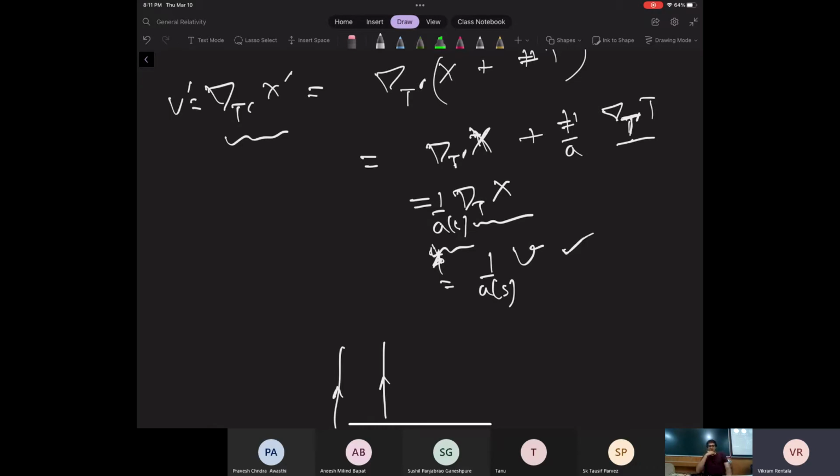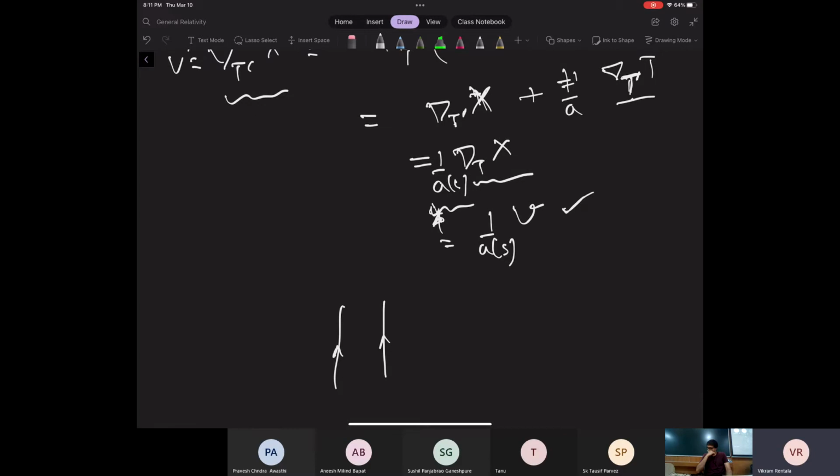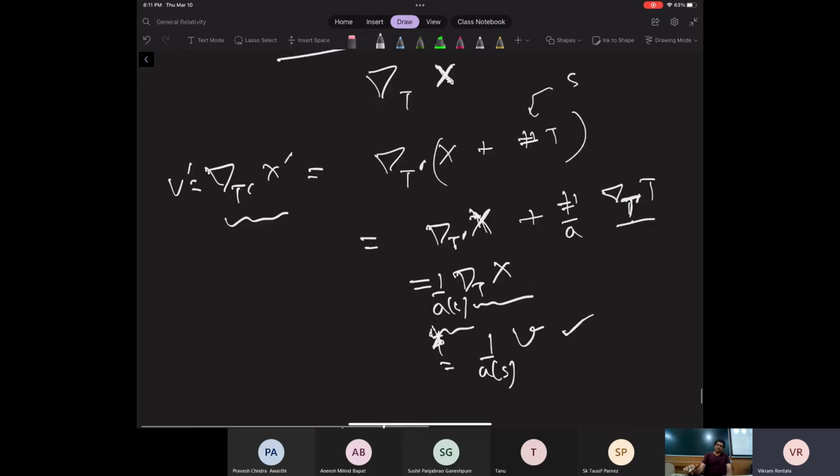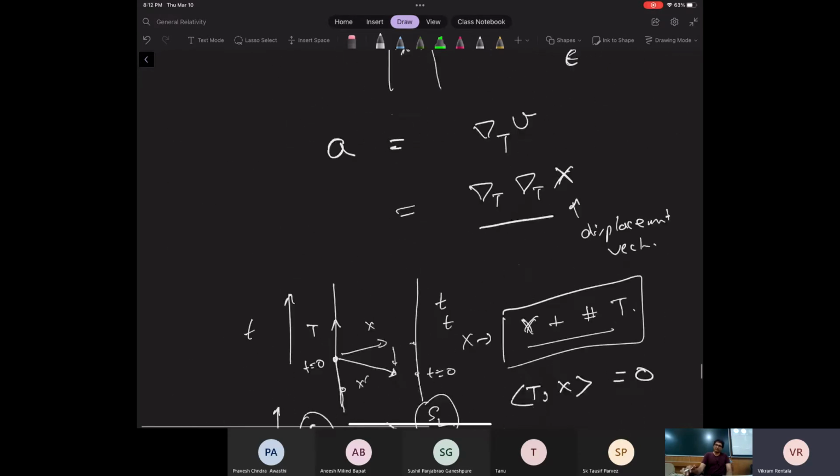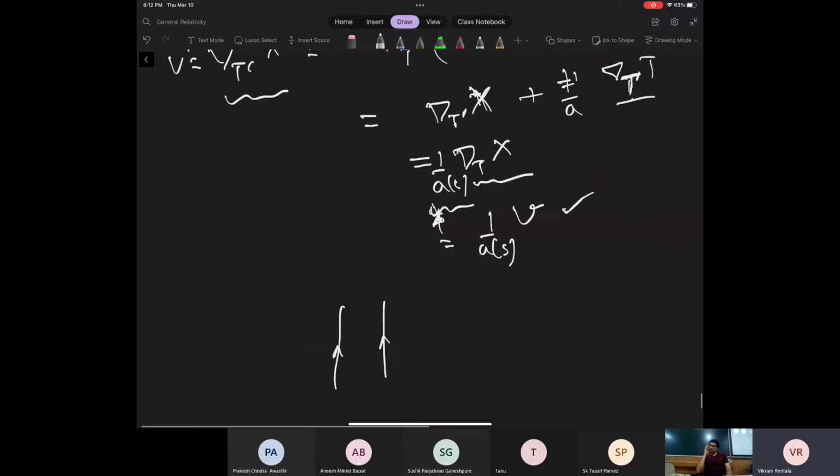Yeah, maybe the velocity is also a signature of curvature. This velocity should be proportional to the curvature of space. Actually, it turns out that the acceleration is proportional to the Riemann curvature. The velocity, I don't know what it is.